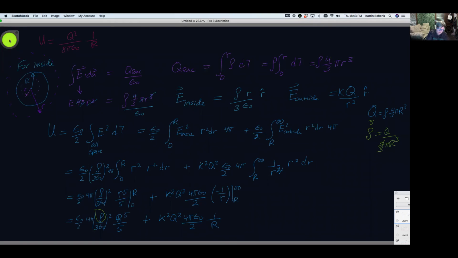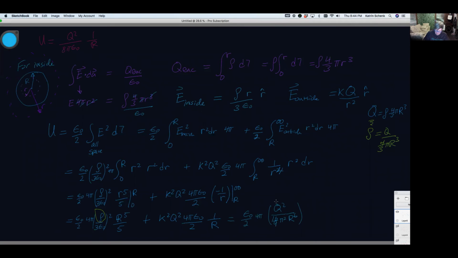I'm going to go back to my blue color, and go here. We have epsilon naught over 2 times 4 pi, and then we have rho squared. I'm just going to leave the rho squared over here by itself. So we're going to have Q squared over 16 over 9 pi squared r to the 6th.